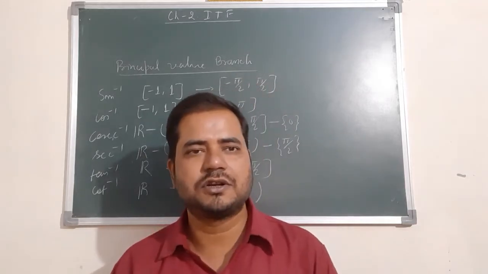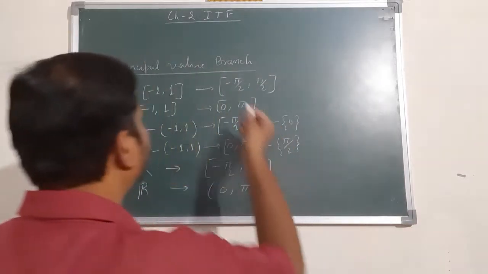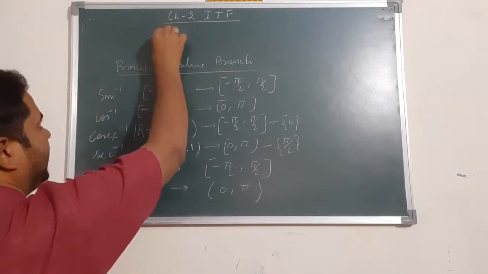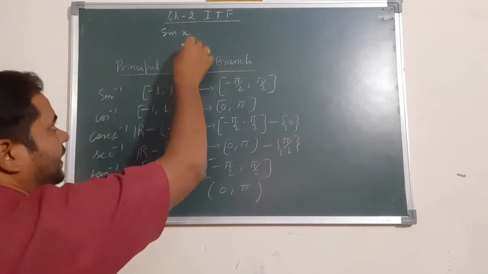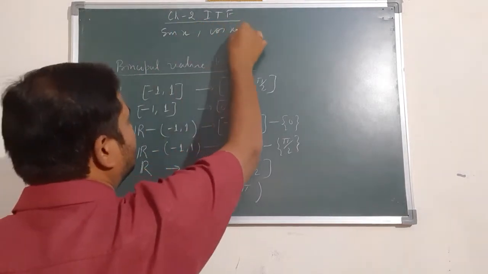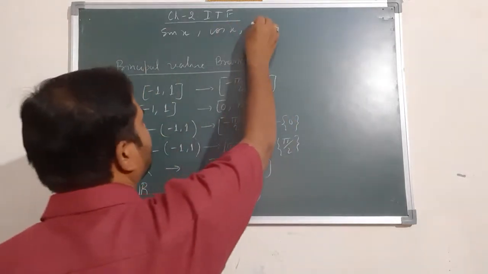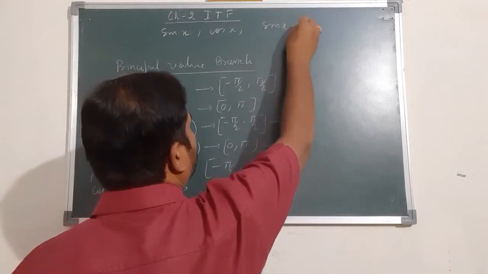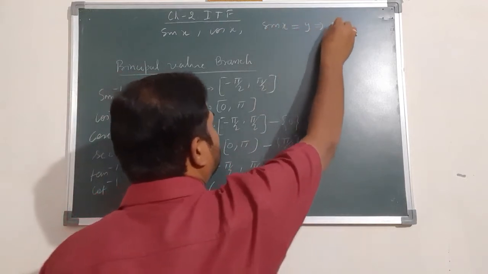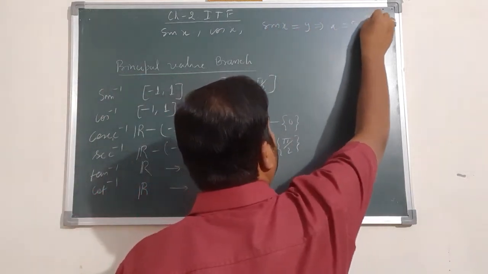So what is an inverse trigonometric function? You know trigonometric functions, sin x, cos x. So what is the inverse trigonometric function? Suppose sin x is equal to y, then x is equal to sin inverse of y.